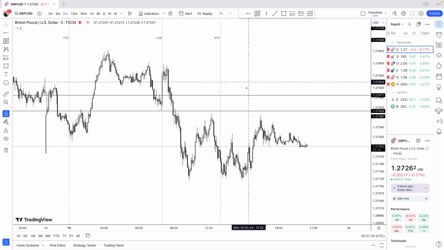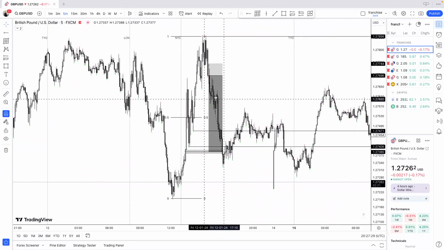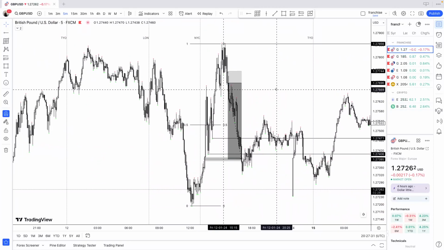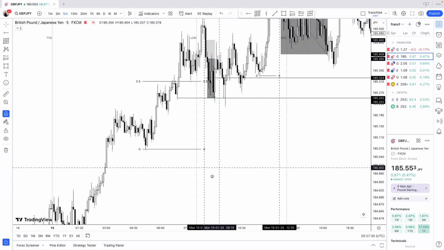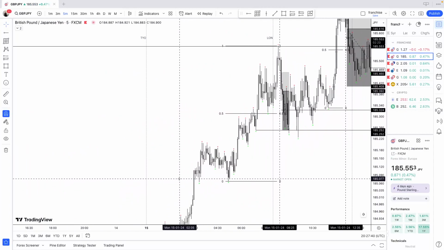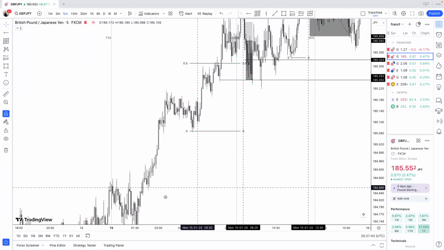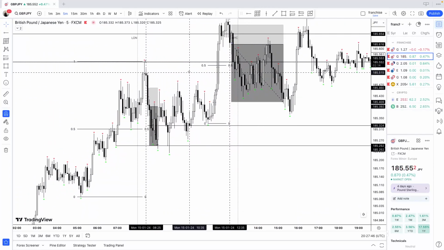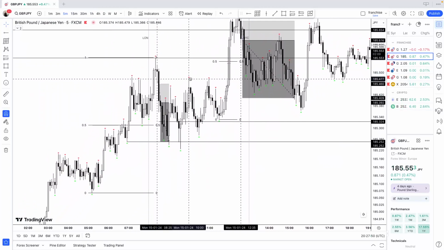That is a previous day, London and today, so ignore this one. What else did I find on the charts? We had GJ, we had 2 entries. Obviously, we had our Asian entry down here as well. London and New York printed today with the model. We'll start off with London.